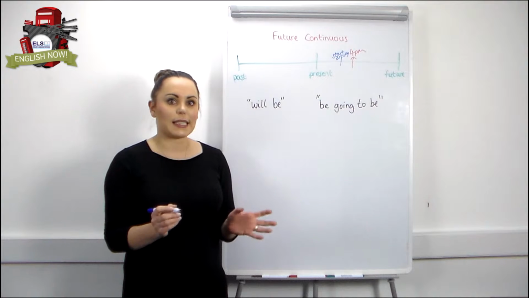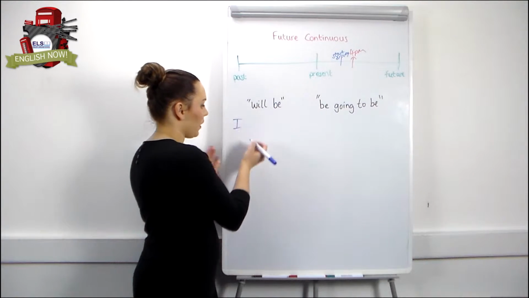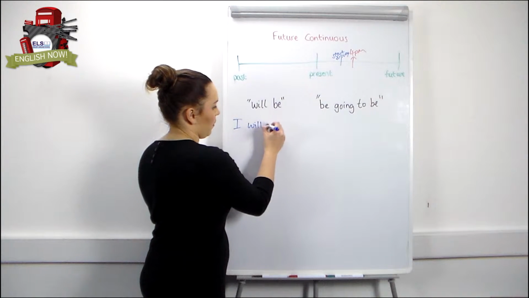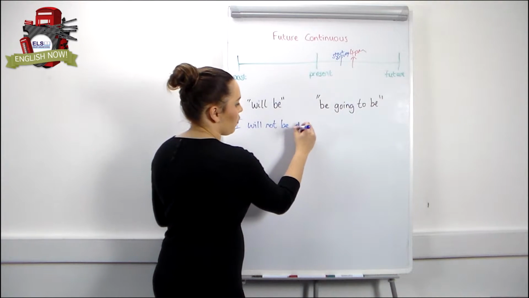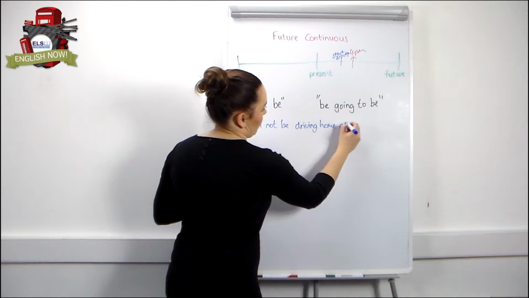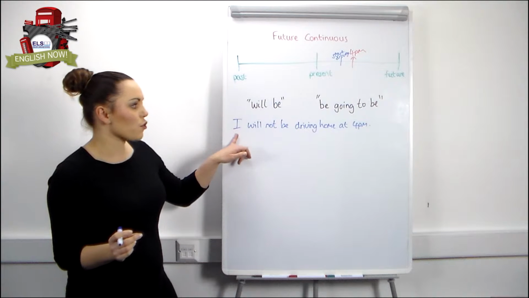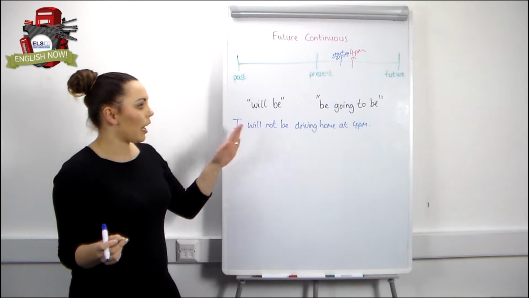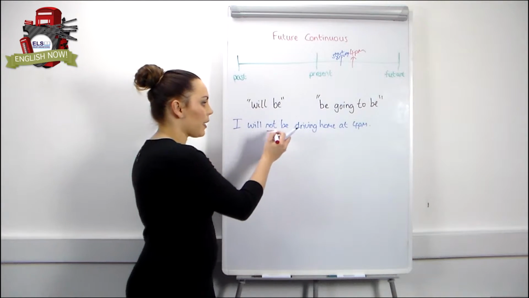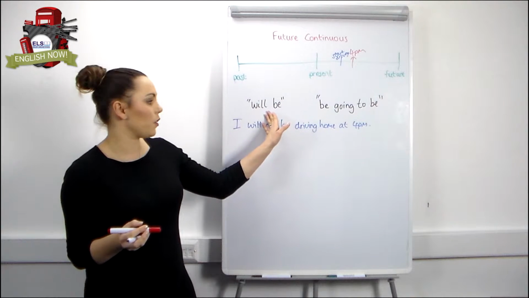Let's have a look at the negative sentences in the future continuous. Again, we start with our subject, I will not be driving home at 4 p.m. So again, we've started with our subject and used our future, but we have to put our negative in between the two words that relate to the future.